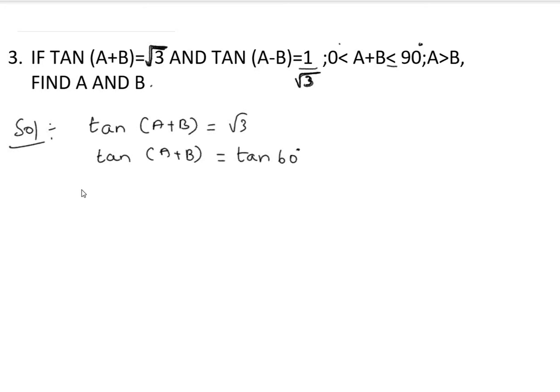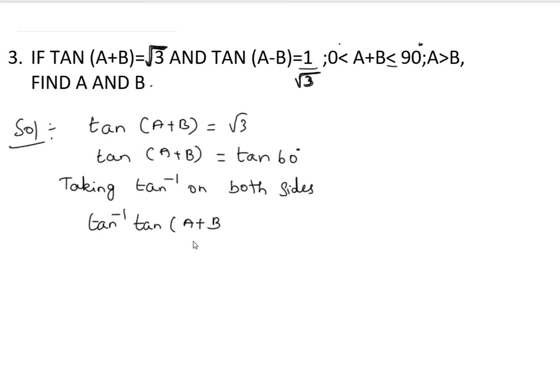Now I am going to remove this term by taking tan inverse on both sides. When I take tan inverse, tan A plus B is equal to tan inverse tan 60. Tan inverse and tan get cancelled, so I'll be getting A plus B is equal to 60.